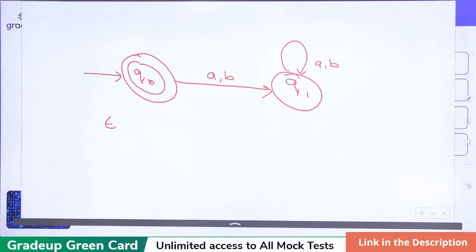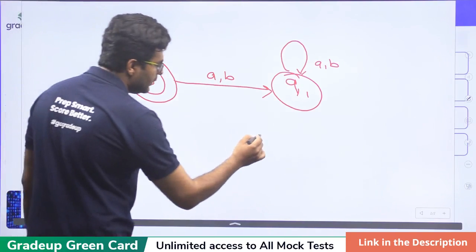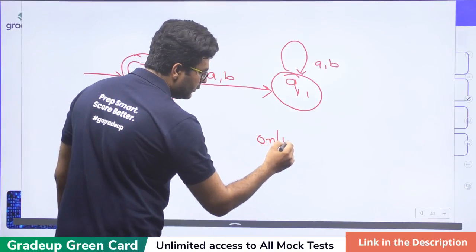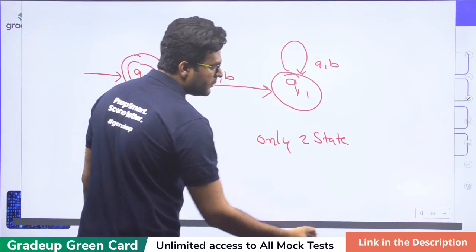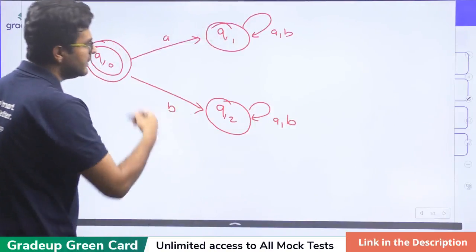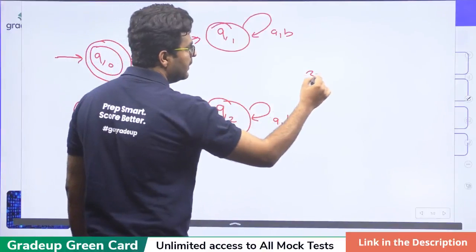This automata is accepting epsilon only, although it has only two states. On the other hand, the previous automata was having how many states? This was having 3 states.